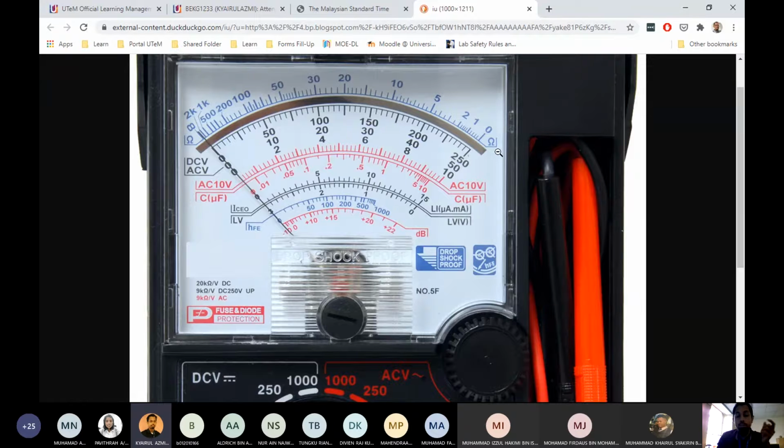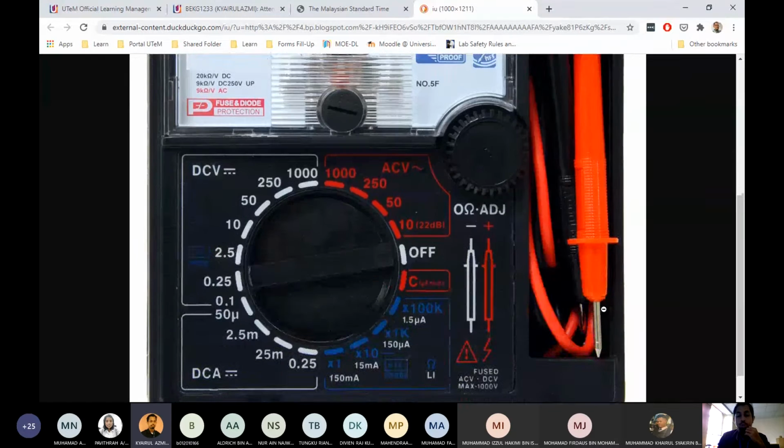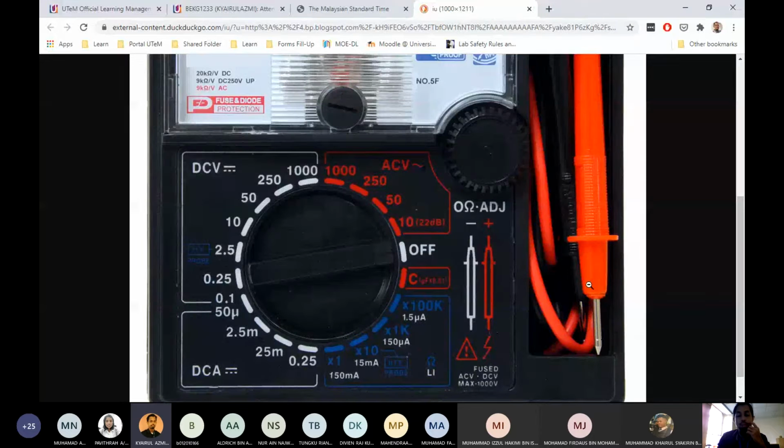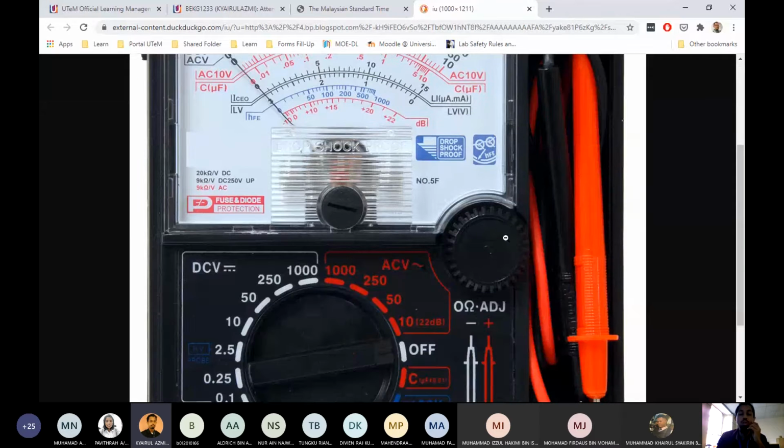Okay. After multiple usage, sometimes when you set to resistance and then you short the two probes, the red and the black probes, you connect them together, then the needle will move towards 0. But sometimes it's not going to be directly 0. It's going to shift maybe a bit to the left, or a bit to the right. So you need to use this one here.